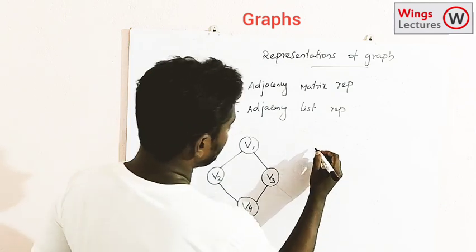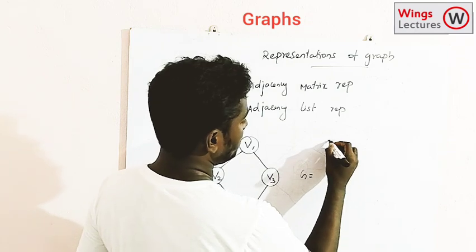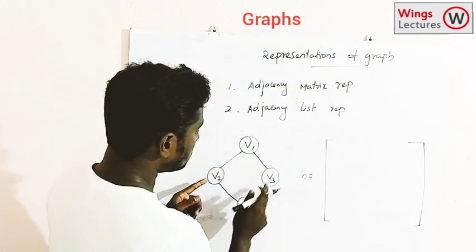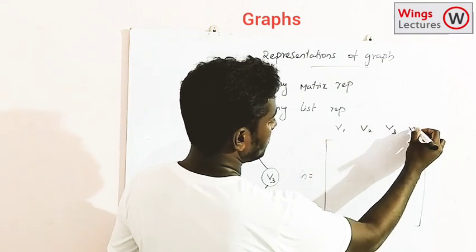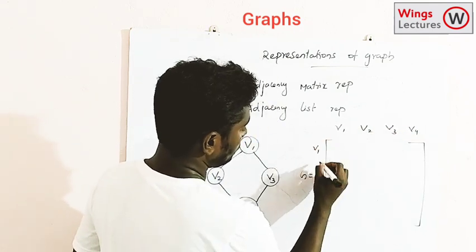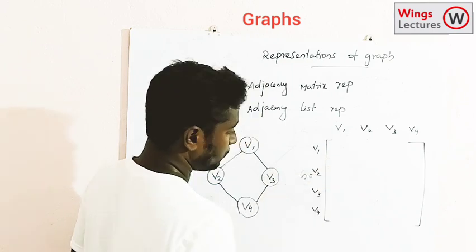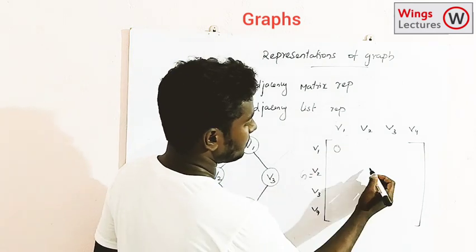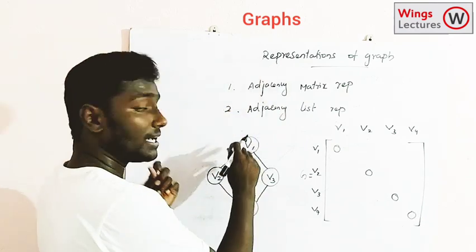I am going to take the matrix as G with nodes V1, V2, V3, V4 as rows and columns. Definitely the diagonal will be 0 for this graph, because there are no self loops.